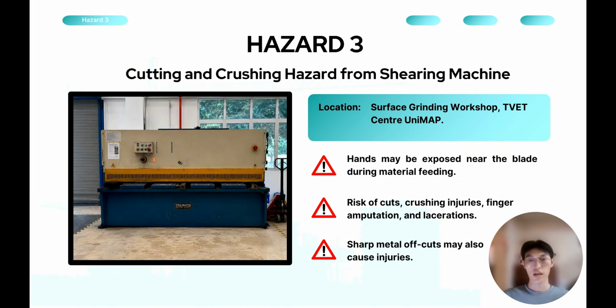As a result, there is a risk of accidental contact with the blade, which may lead to severe cuts, crushing injuries, finger amputation, or permanent disability. In addition, sharp metal offcuts may also cause secondary injuries such as cuts and lacerations.